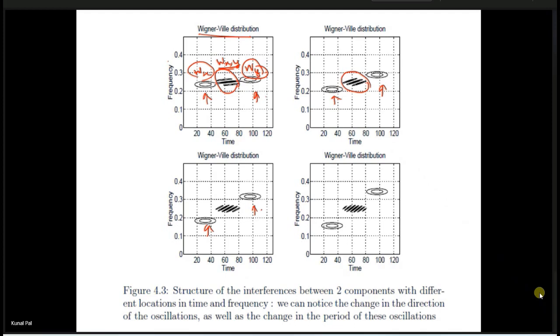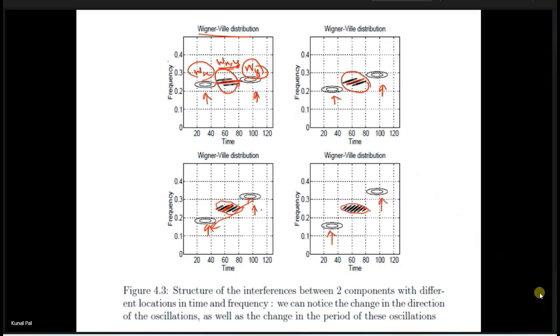Okay. Similarly, in the third case, when we are increasing the distance between the two atoms, the length of the cross terms in this direction is reducing. Over here it was quite large. In the first case, it was the largest. Again, when you move these atoms far apart, you see the dimension of this one decreases.